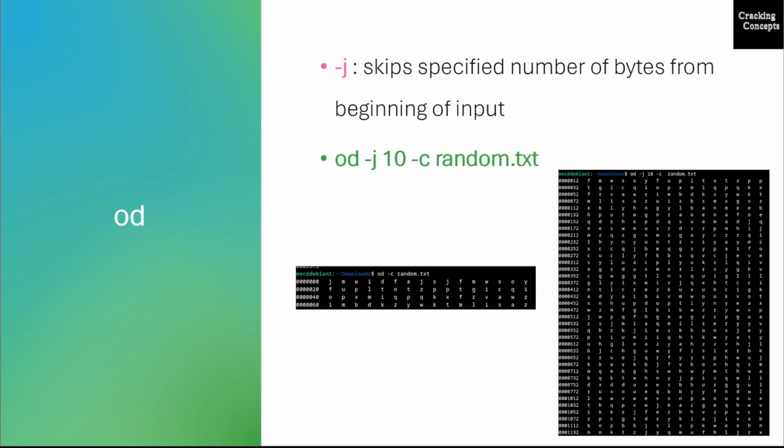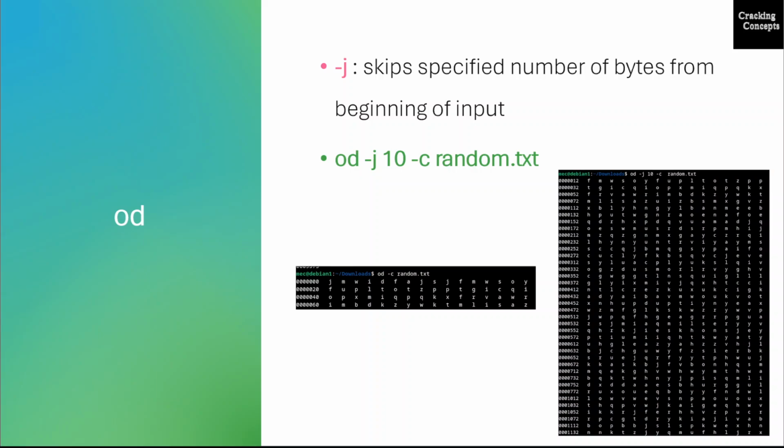In order to skip bytes, we use the option -j, which starts from the beginning. So the command is od -j10 -c random.txt. So this was the sample input, and this is the screenshot of the output. You'll see it skipping 10.